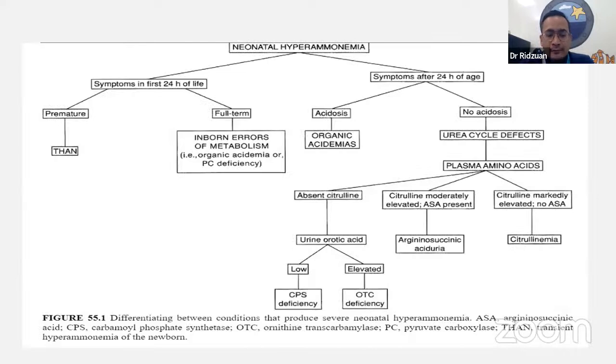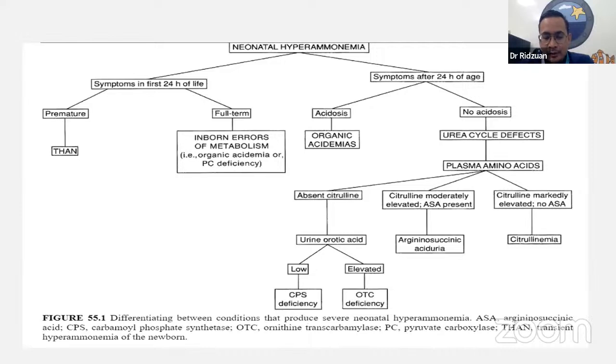This is a flow chart for differentiation of hyperammonemia in the newborn. The timing of the onset of symptoms may provide an important clue. An infant with urea cycle defects typically does not become symptomatic until after 24 hours of age.